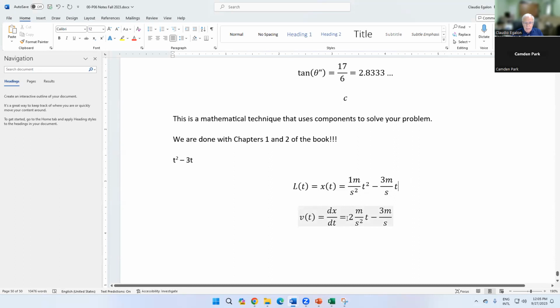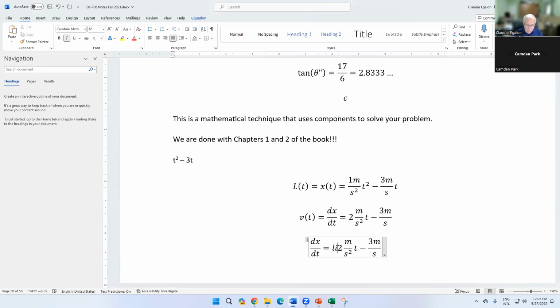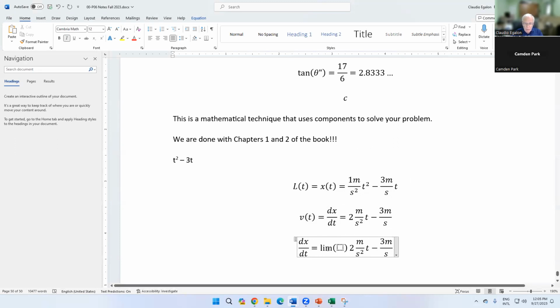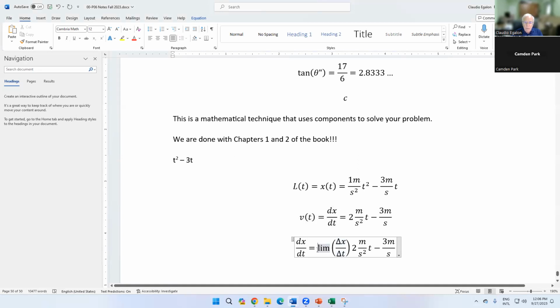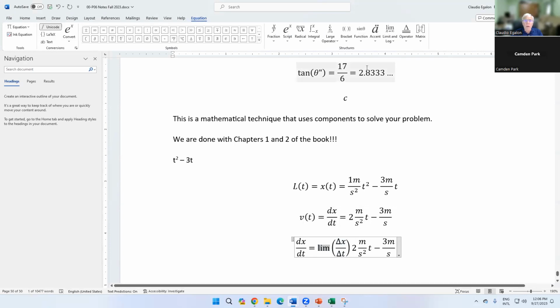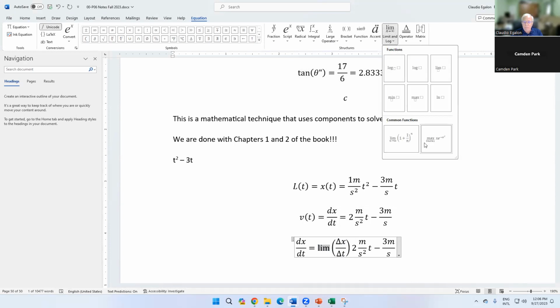Here you go. dx/dt is equal to the limit of delta x over delta t.